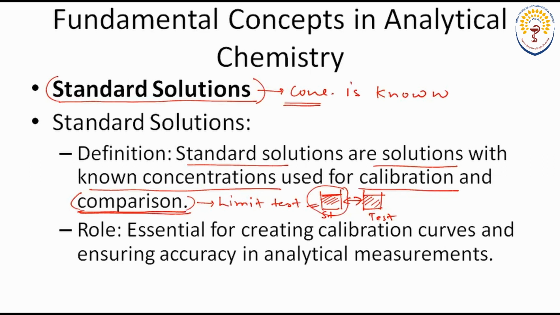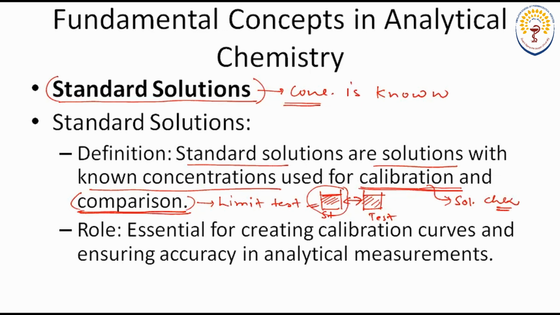Now, where do we use calibration? In order to calibrate an instrument to check whether it is measuring correctly or not, we need something about which we know clearly. We need a solution or a sample whose concentration is known, and we subject it to the instrument and check whether the instrument is measuring the concentration correctly or not.